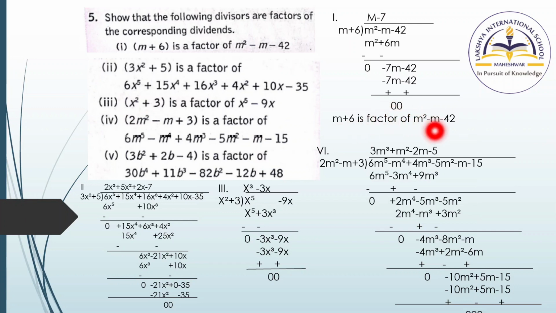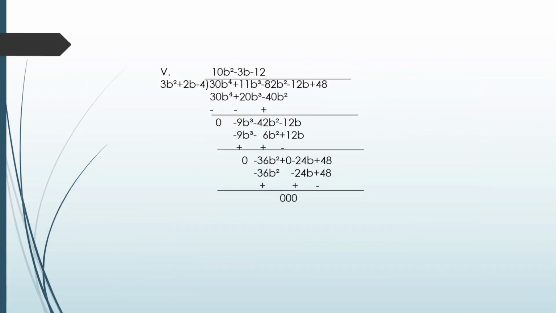Then you can easily identify whether m plus 6 is a factor of m square minus m minus 42 or not. Here you can see all the remainders are 0, so it is clear that these are the factors of the given expression.